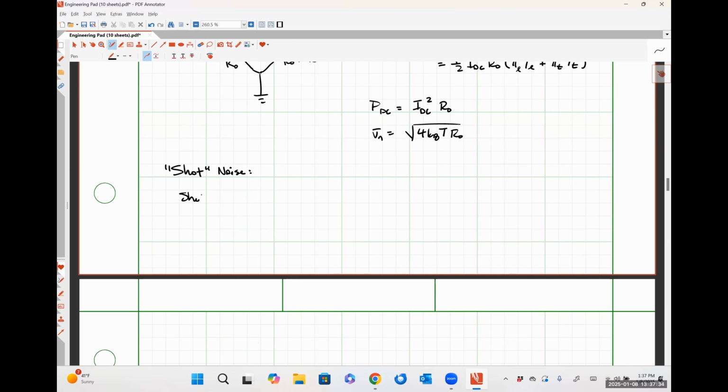So shot noise occurs due to random fluctuation in electrical current across a potential barrier.